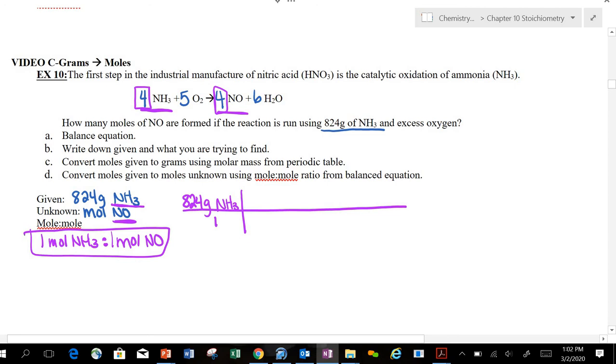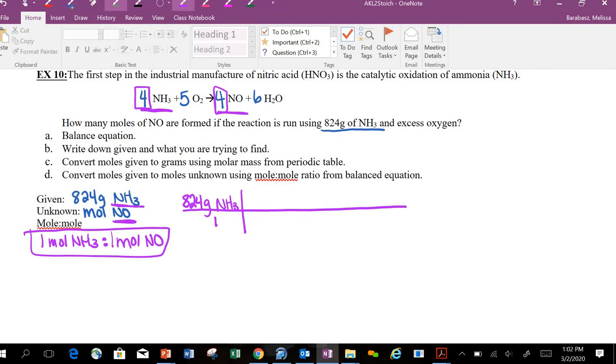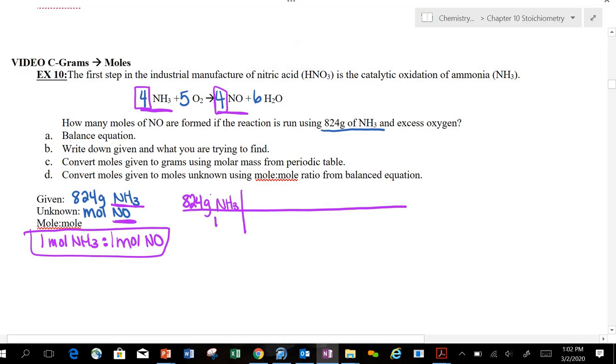But if we look at our unit that we have right now, our main goal is to get this mole to mole ratio plugged in. Right now, our given is in grams, so moles and grams are not going to cancel out. So we need to get our grams of NH3 into moles so that we are in the comparing unit.